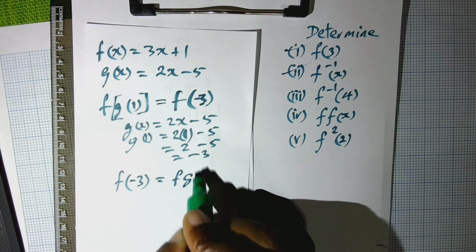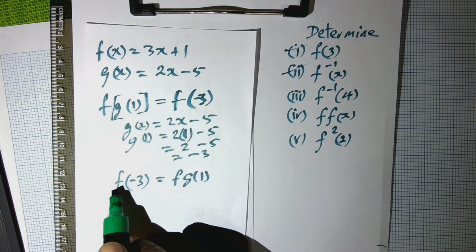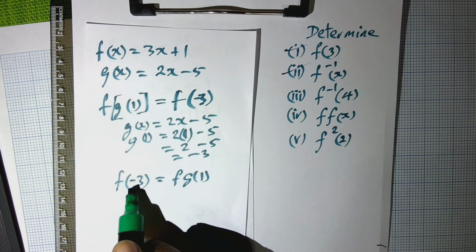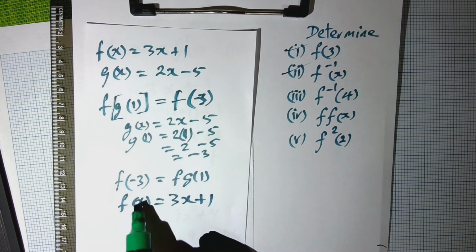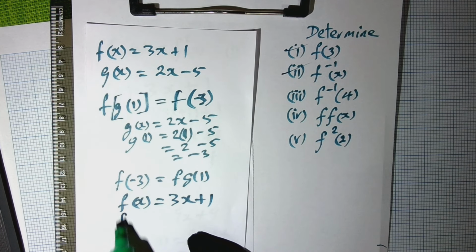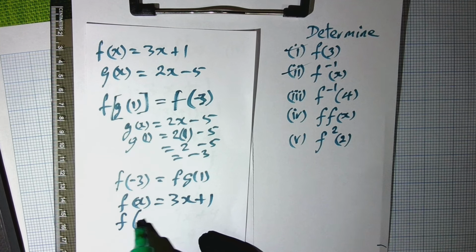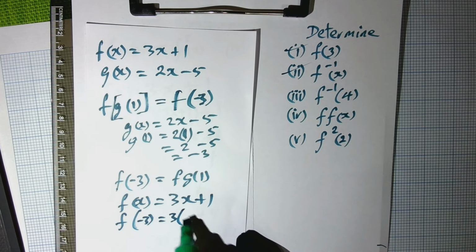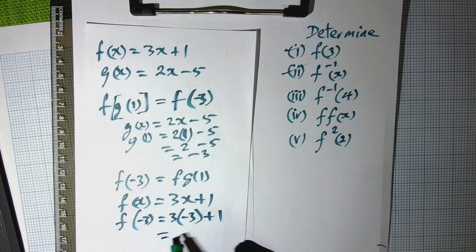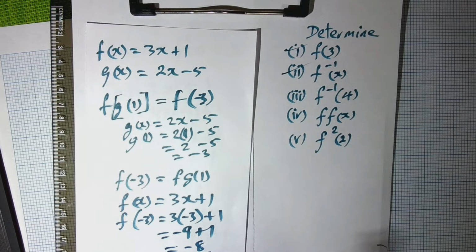In order for us to find f of negative 3, we need the f of x function, so that we can replace this x with negative 3. So replacing that x with negative 3, we will get negative 9 plus 1, which gives us negative 8.